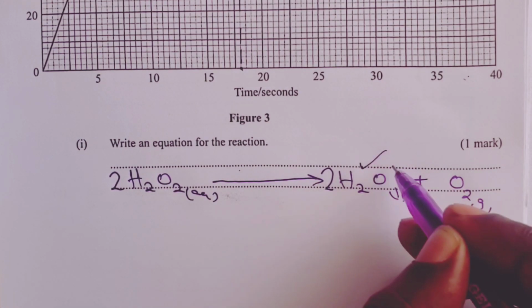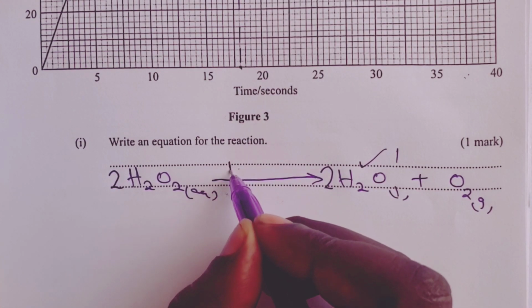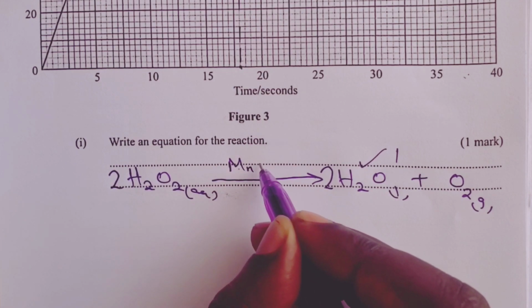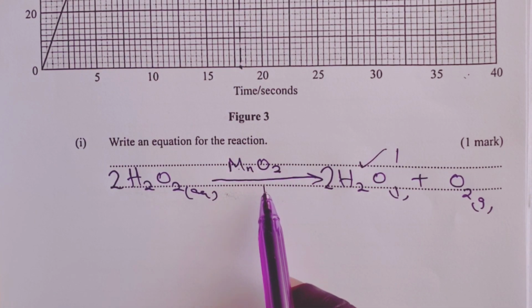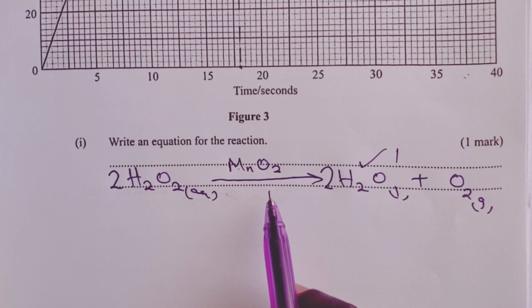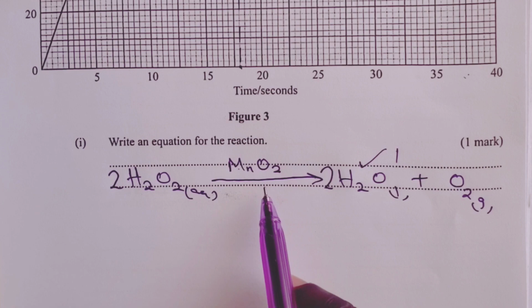Getting the wrong states would deny us half a mark, and a student also had the option of putting manganese(IV) oxide on the arrow. It's not a must, but if you put it, kindly make sure that the formula of our catalyst is correctly written, MnO2.